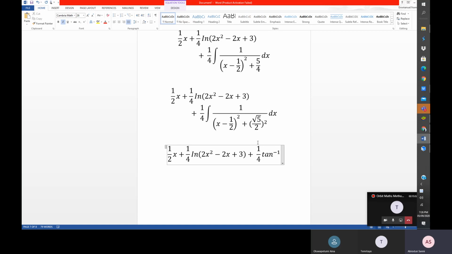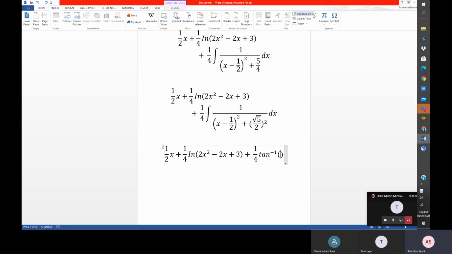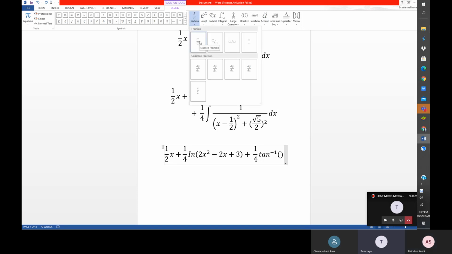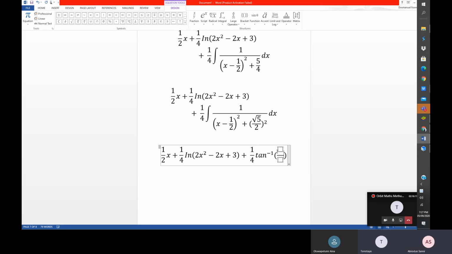Tan inverse x over a, right? X over b. So our x is in this case x minus half. Don't you think we should put that 1 over 4 outside and open another bracket, so that we are still going to have 1 over b?